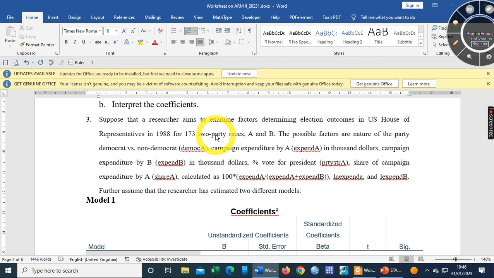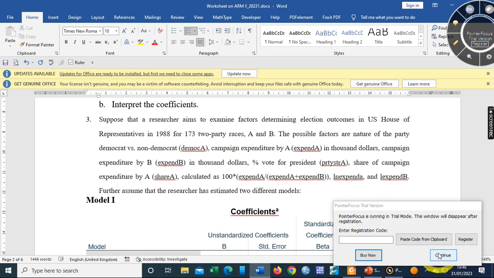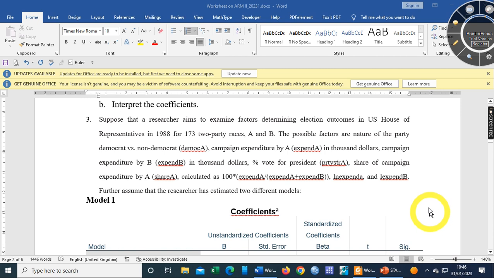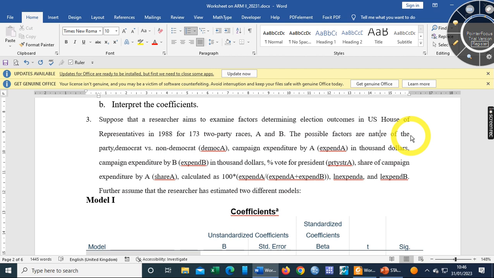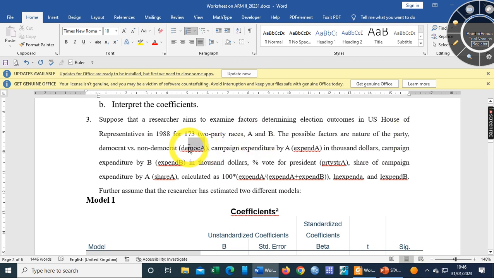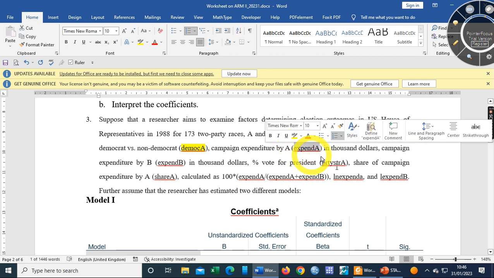And the possible determinants are the nature of the party, whether the party is Democrat or non-Democrat, captured by this variable, Democ A. Campaign expenditure made by A, in $1,000.